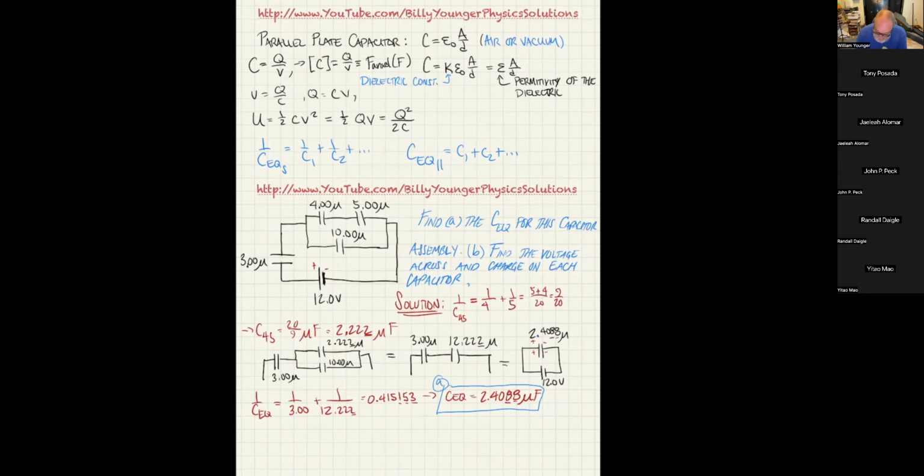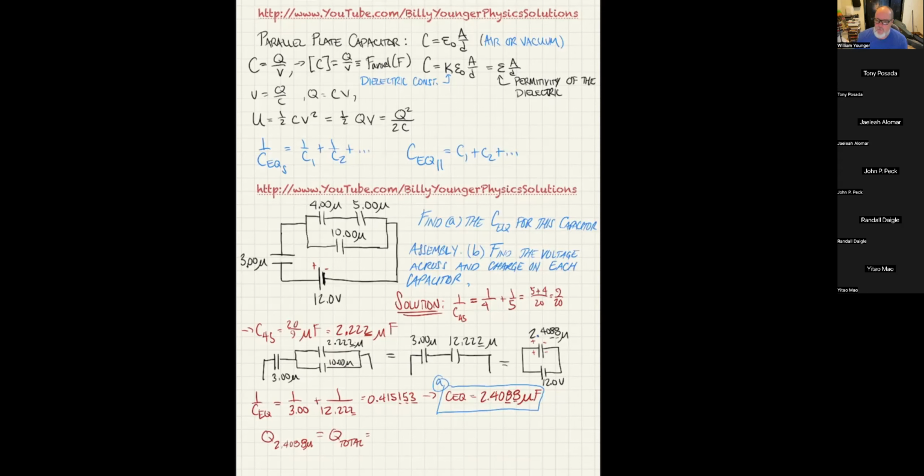All right. But because of that scenario that I told you about, what you now know is that the Q for the 2.4088 microfarad capacitor is actually Q total, which means the total charge that leaves the battery. You can think of this like a current, because if you looked at a current for 1 second and the current was, let's say, 100 amps, then basically the current of 100 amps flowing for 1 second is equivalent to saying 100 coulombs went by.